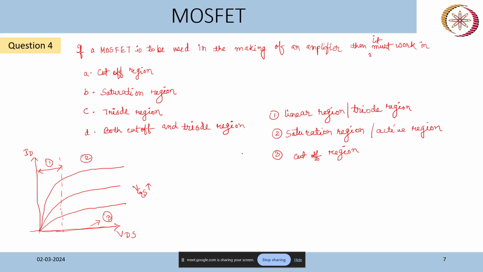To operate a MOSFET as an amplifier, the MOSFET has to be operated in the saturation region. You might have studied this in some circuit course, so I will not go into details. For amplification, a MOSFET should be used in the saturation region.